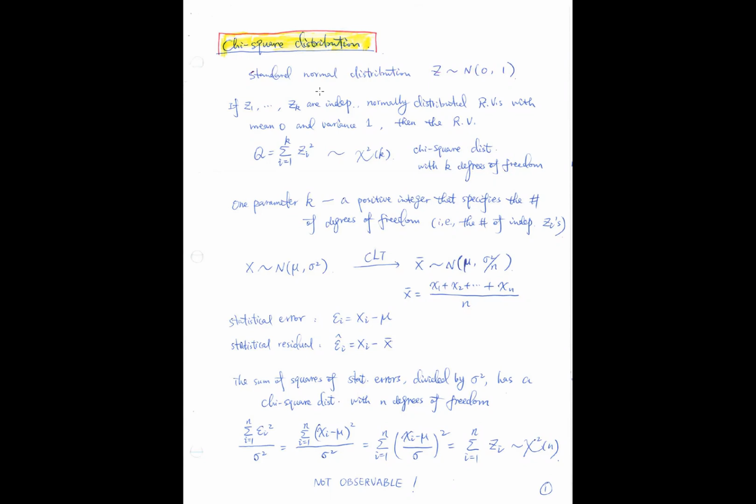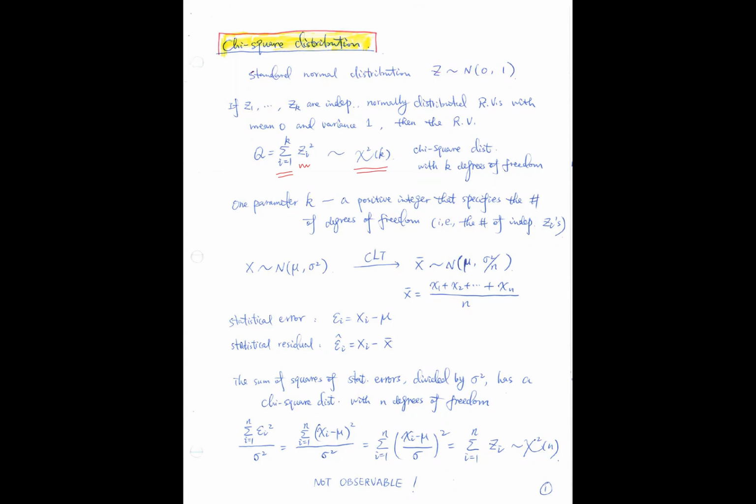So if z1 to zk are independent, normally distributed random variables with mean 0 and variance 1, then the sum of the squares of zi will become chi-square distribution. So we sum k standard normal random variables squared together. This will become the chi-square distribution with k degrees of freedom.